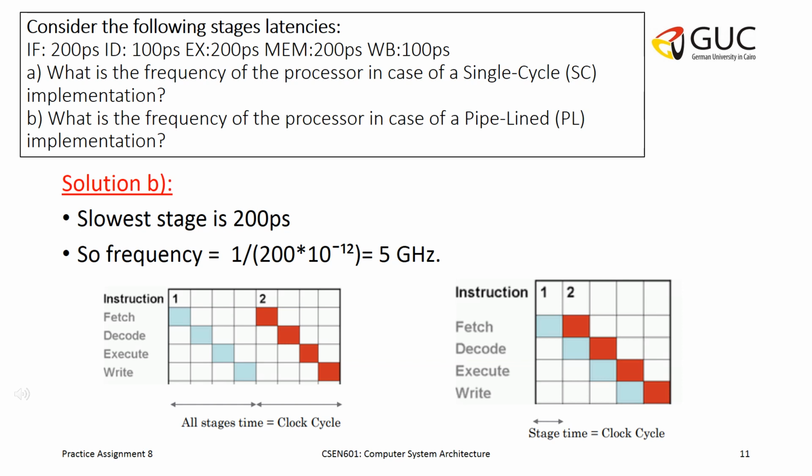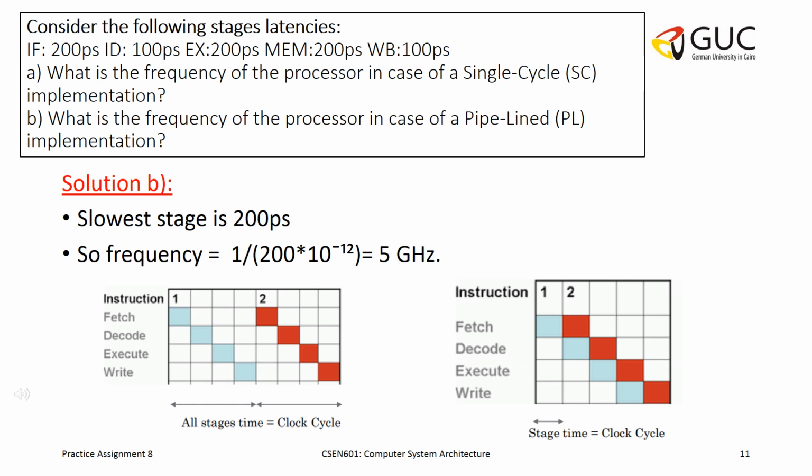And in the pipeline version, it's totally different. Why? Because the second instruction enters in the second stage time. That's why, if I want to evaluate a stage time or a clock cycle time, I have to get only one stage. But which stage of the 5? The slowest one.